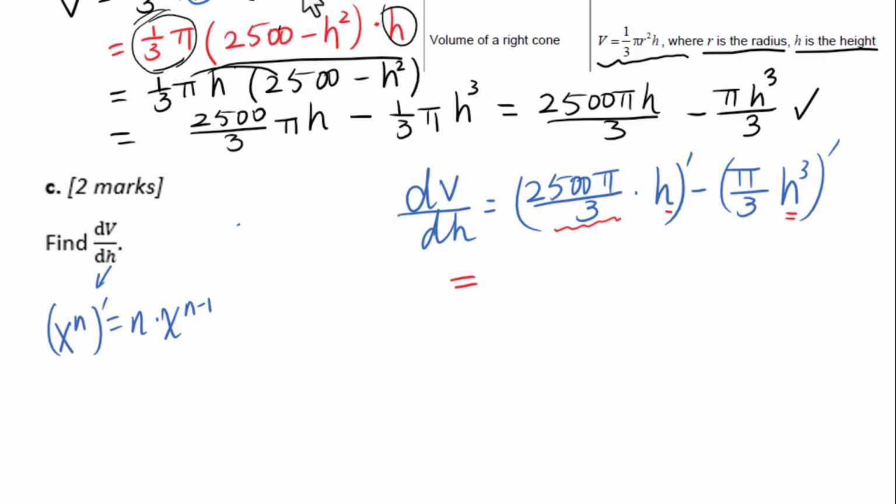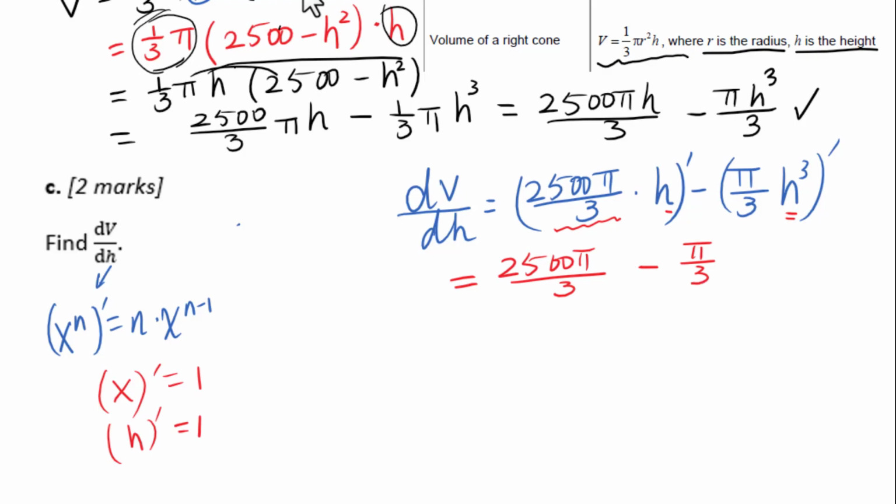Coefficient bring down. 2500 pi over 3. Since x prime equals 1, then h prime will be 1. Then minus pi over 3. H to the third power prime is the same as x to the third power prime, which is 3x squared.